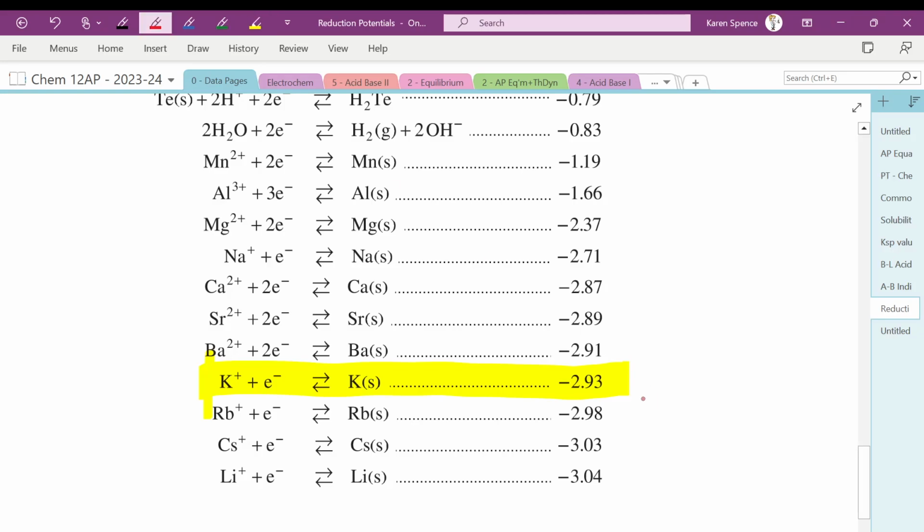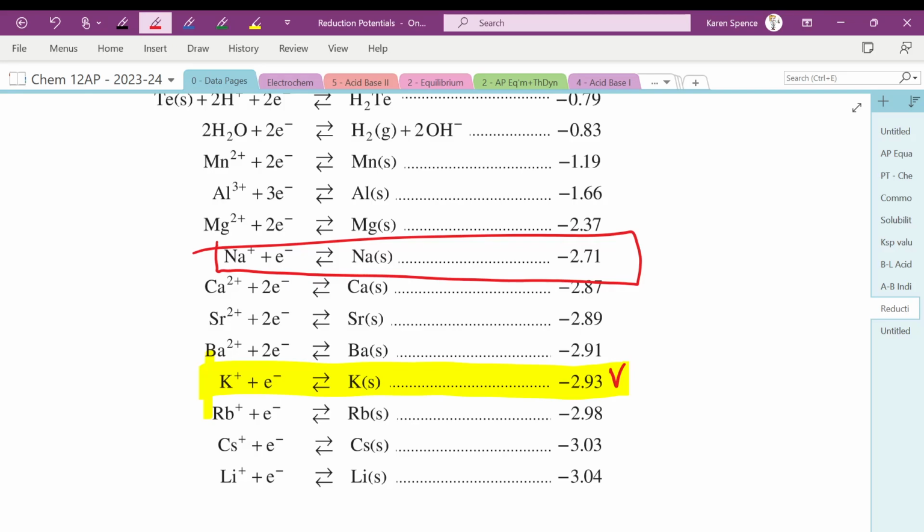Negative 2.93 volts. So the reduction of potassium is very thermodynamically unfavorable. So it's a good choice for using in your salt bridge. Sodium is also a good choice, but it's not quite as good as potassium. So often we will just choose potassium in case we happen to have some calcium or some strontium or some barium. Okay?